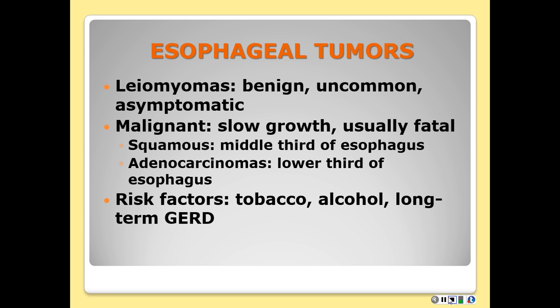Esophageal cancer spreads to the lymph nodes, then to the liver, and then to the lung. And of course, risk factors: tobacco, alcohol, long-term reflux disease. More prevalent in African American men.